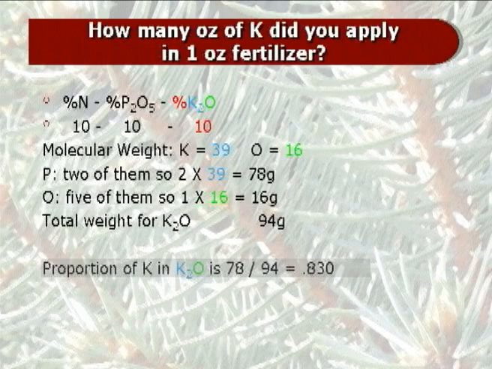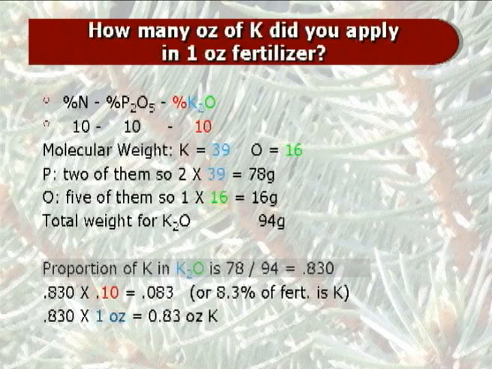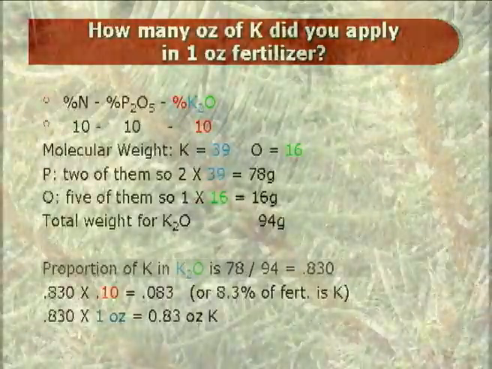Now the proportion of K in K2O is 78 over 94, or 0.830. 0.830 times that 10%, 0.10, is equal to 0.083. Essentially, 8.3% of the fertilizer is potassium. 0.830 times 1 ounce is equal to 0.83 ounces of potassium. So that 1 ounce of fertilizer has provided 0.8 of an ounce of potassium.